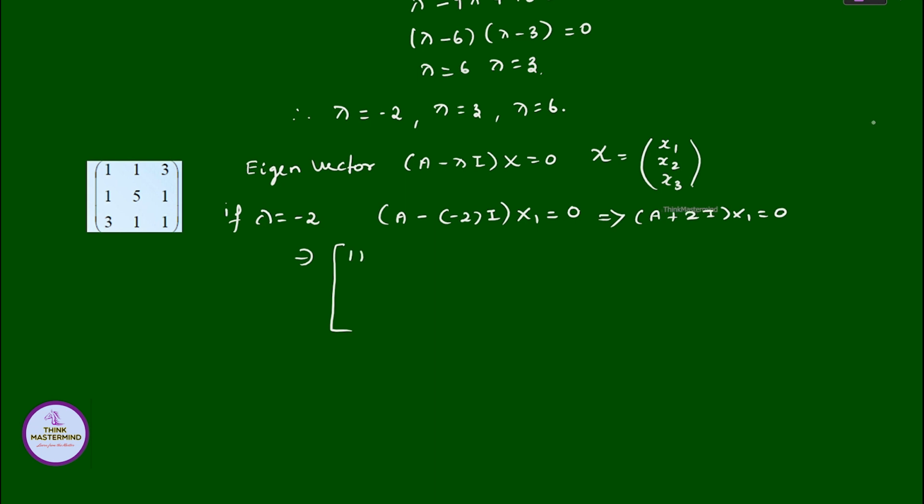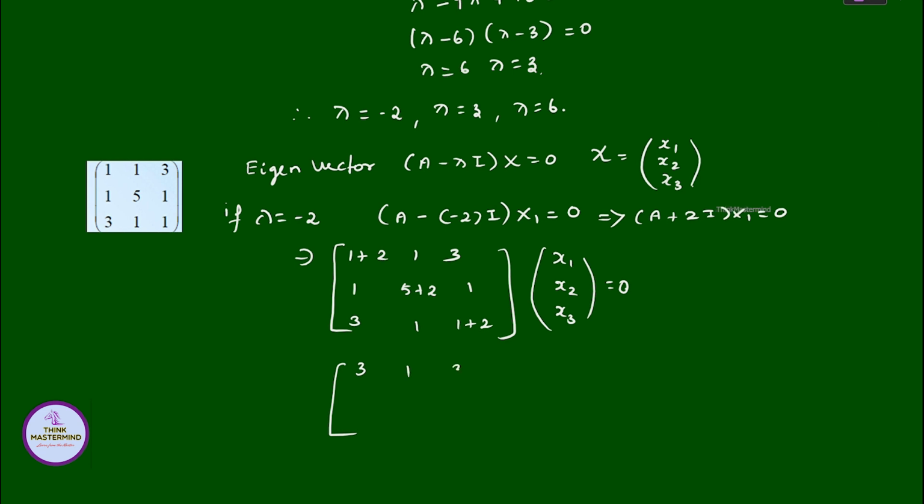Therefore, [1 plus 2, 1, 3; 1, 5 plus 2, 1; 3, 1, 1 plus 2] into the eigenvector x1, x2, x3 is equal to 0. So that implies [3, 1, 3; 1, 7, 1; 3, 1, 3].